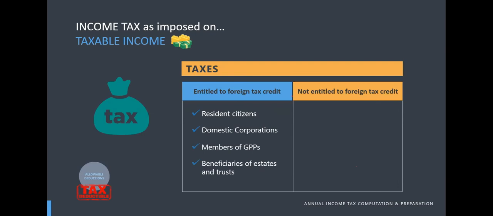Of course, the non-resident citizens, aliens, residents or non-residents, and foreign corporations, residents or non-residents, are not entitled to foreign tax credits because their income is only taxed from within the sources of the Philippines. So there is no reason to avail of the foreign tax credit.